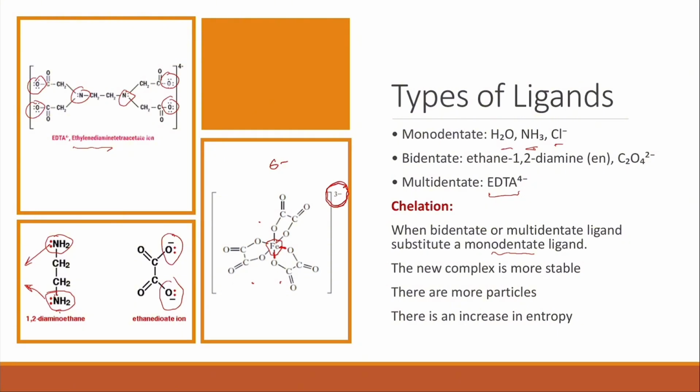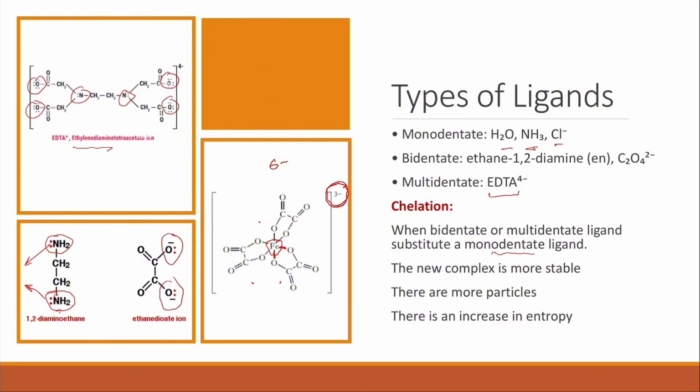In this case, if you have as a product a larger number of particles, that means the system will be more stable because the entropy will increase. So when we talked about the entropy, the degree of randomness or the disorder, it increases with the increase of the number of particles.